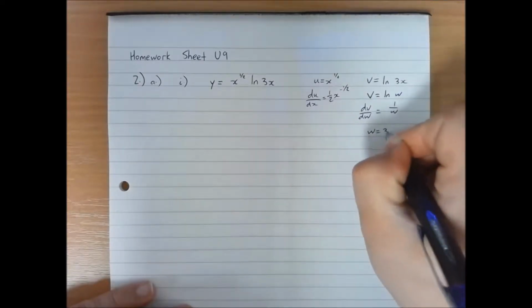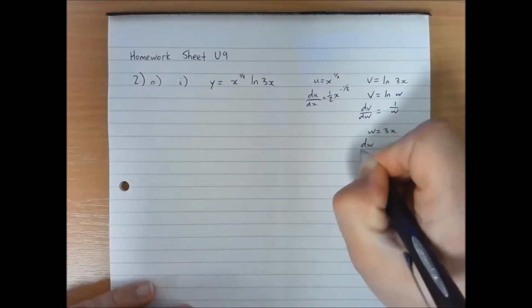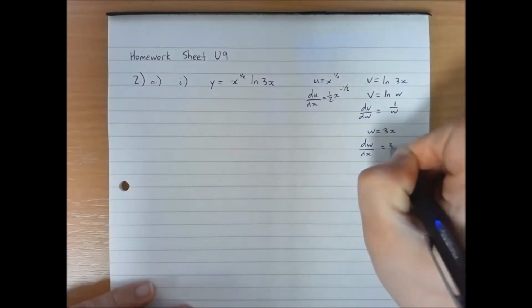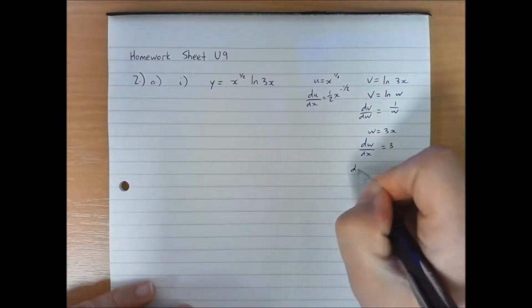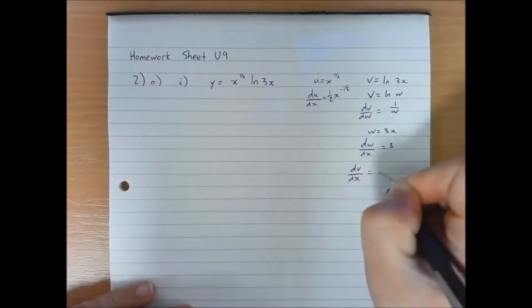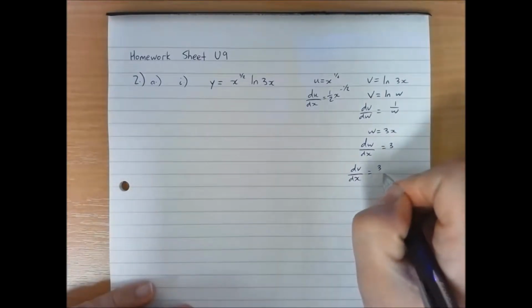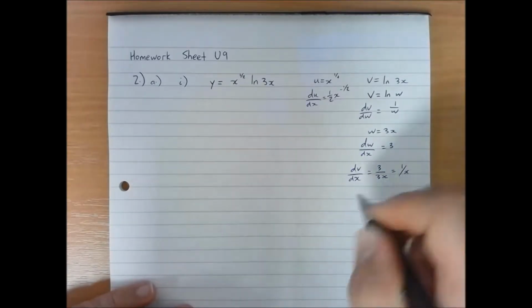And if w is equal to 3x, that means that dw dx is equal to 3. So dv dx is 3 times 1 over w, which is 1 over 3x, which is just 1 over x.